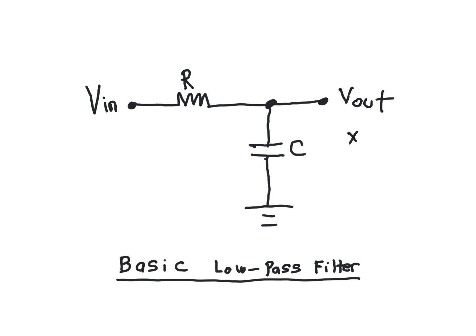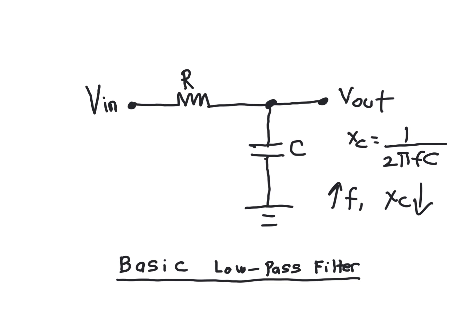Recall from your first and second semester that the capacitive reactance is given by this formula. And you can see then that if you increase the signal frequency, then the reactance decreases. So you could easily imagine, for a given value of capacitor, a frequency where XC is effectively 0.